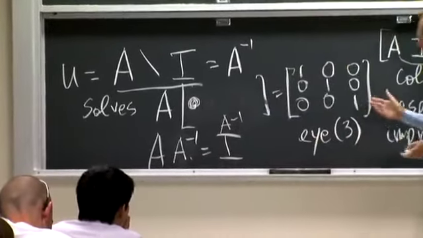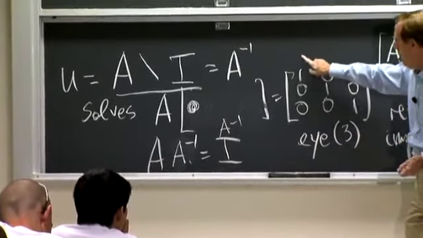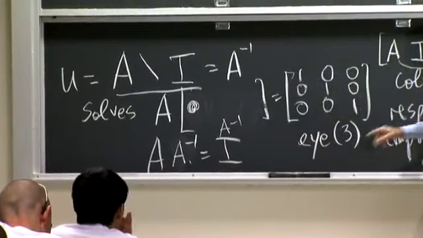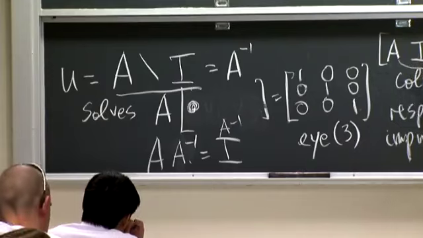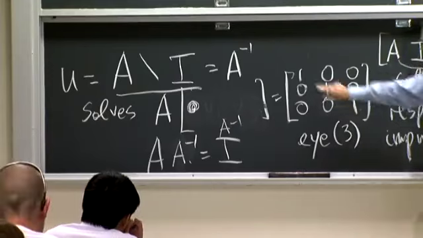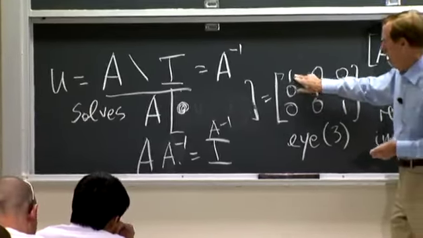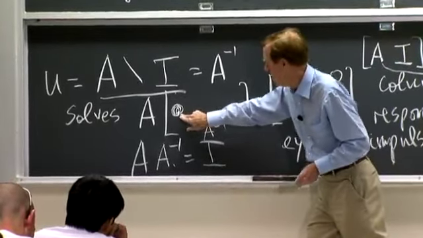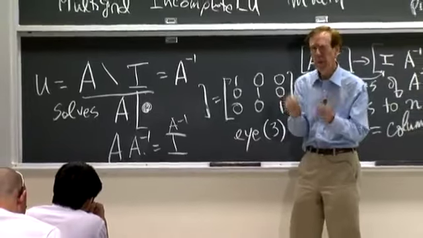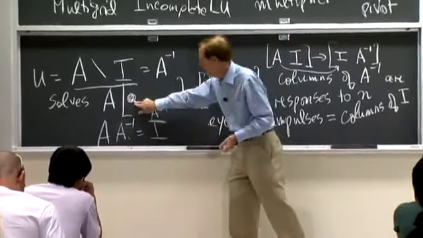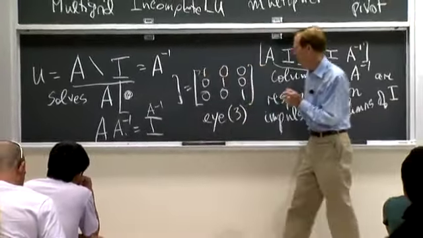Now the 2-1 entry in the inverse is: an impulse in the first mass, whatever, gets an impulse. And that is the response of the second mass, the response in position 2 to the impulse in position 1.